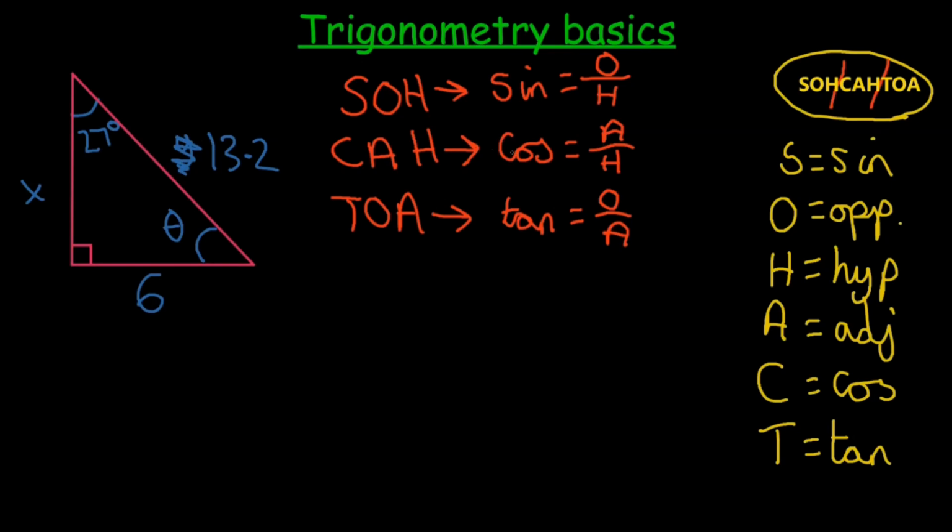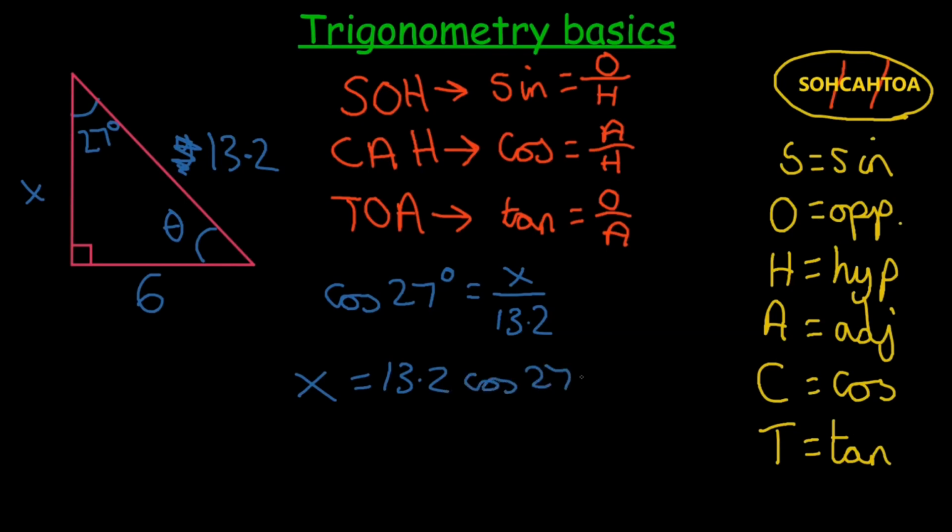We could use this one here, cosine of the angle, and we have the hypotenuse. We just need to solve for the adjacent, which is x. So here we have the cosine of 27 degrees is equal to x divided by 13.2. So x is equal to 13.2 cosine of 27 degrees, which is equal to 11.8 to 1 decimal place.